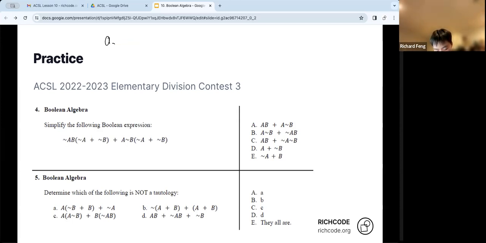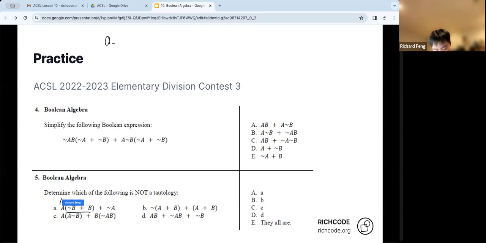So for answer choice A, the first thing I see is in the parentheses, we have not B or B. When two complements are ORed together, it's always going to be one. So this whole thing is one.